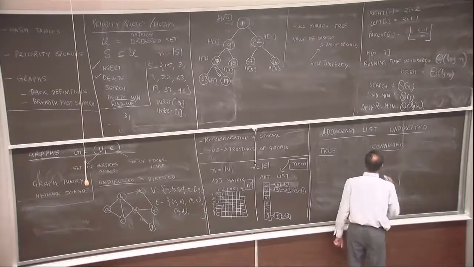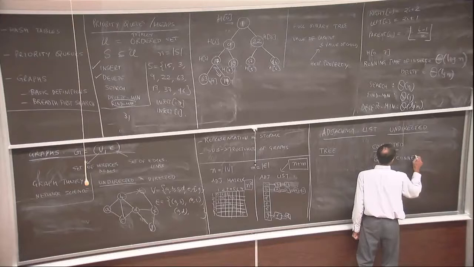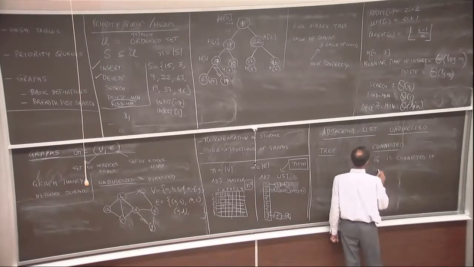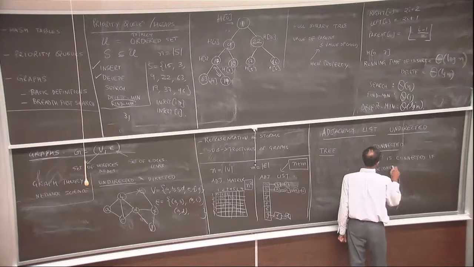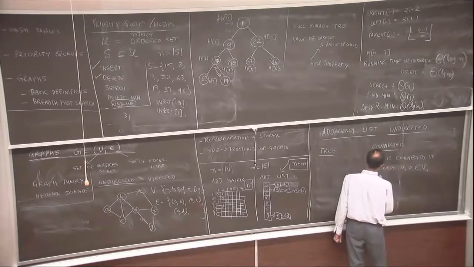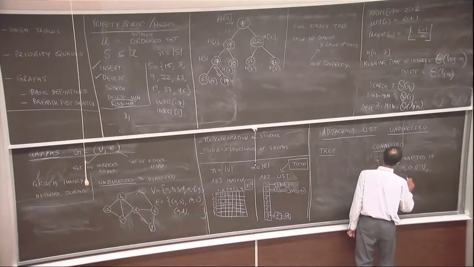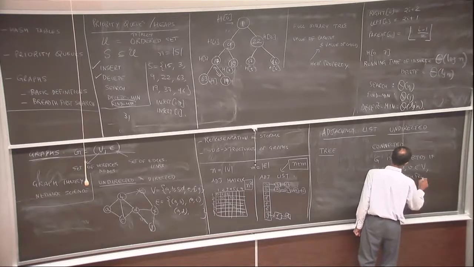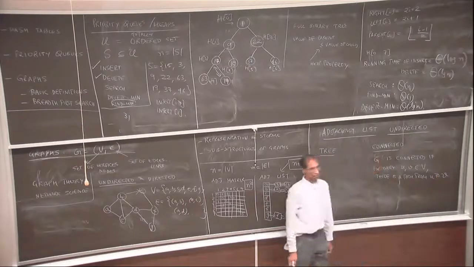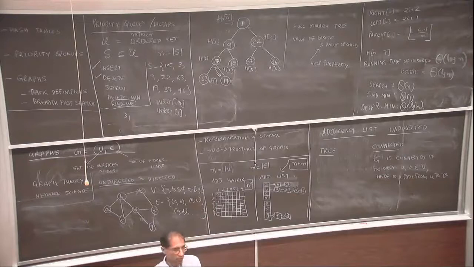In an undirected graph, G is connected if for every pair of vertices U and V, there is a path from U to V. Notice that this is undirected, so I could have very well said a path between U and V. It doesn't matter.